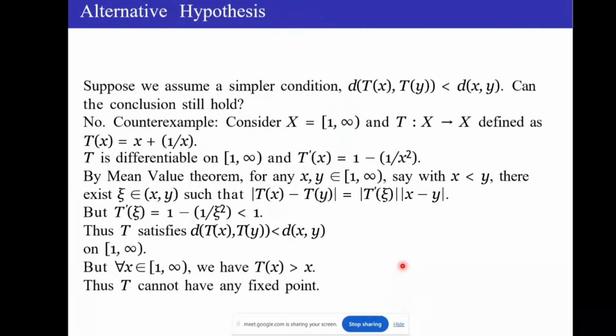Suppose we are starting with a map which is not a contraction but satisfies this condition: distance between t of x comma t of y is less than distance between x comma y. Is this sufficient to get the same conclusions as Banach contraction principle? The answer is no, and the counterexample is t of x is equal to x plus 1 by x. This map satisfies this condition, but it does not have any fixed points. So we will not get the same result as Banach contraction principle.